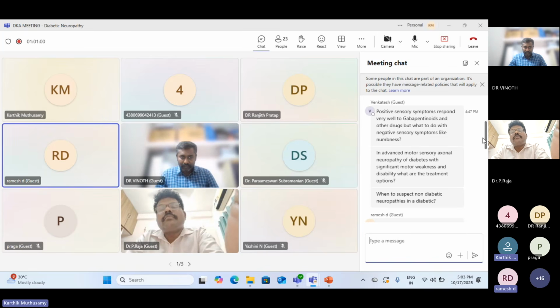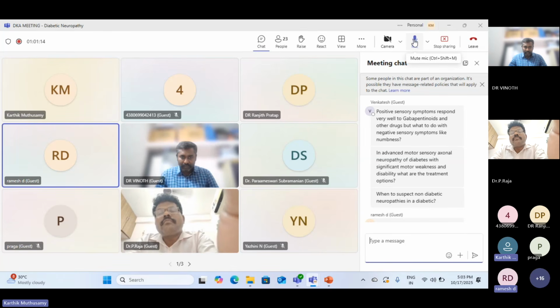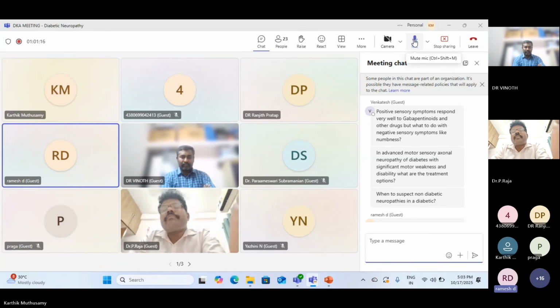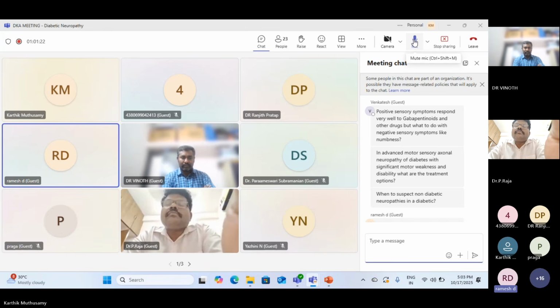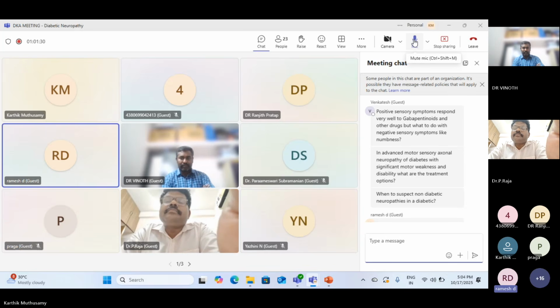Whenever positive symptoms are there, you can give these drugs and get symptomatic relief. For the negative symptoms, the nerves are already dead, so there is no nerve function. We can only take preventive measures, like wearing adequate footwear and controlling metabolic parameters, to prevent ulcers and neuropathy complications and protect the foot.